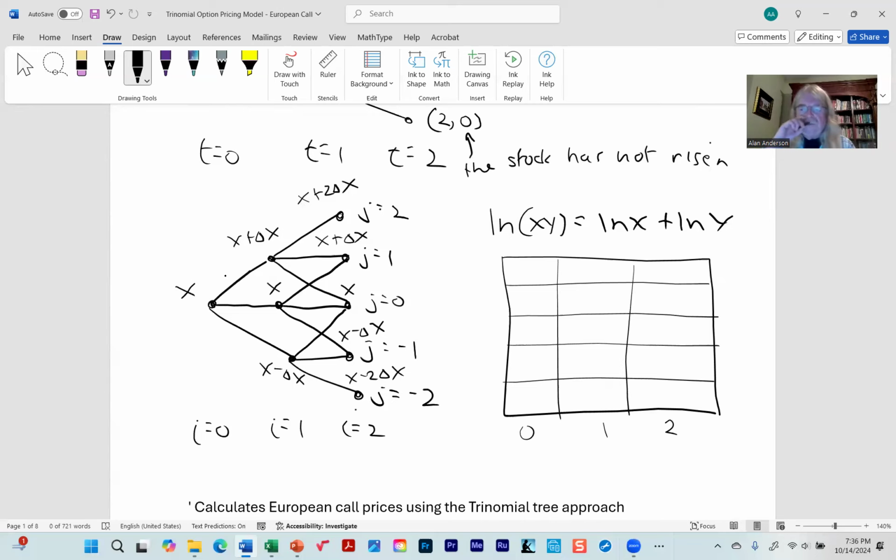And so we'll know, so these are the I's, these are the J's. So for example, this will be x minus 2 delta x minus delta x.